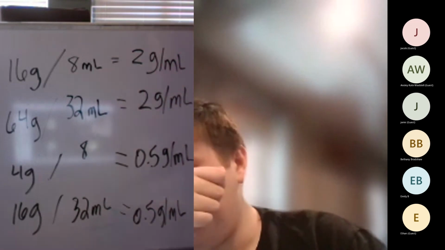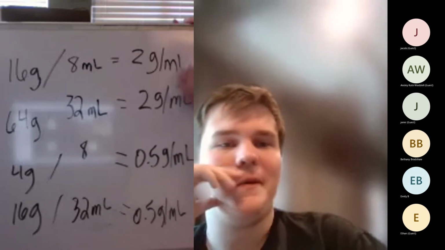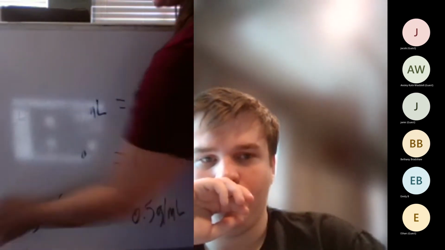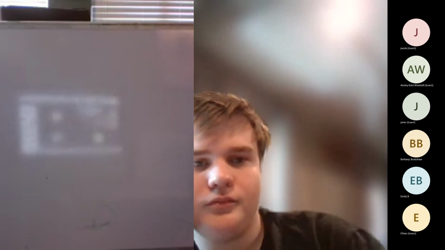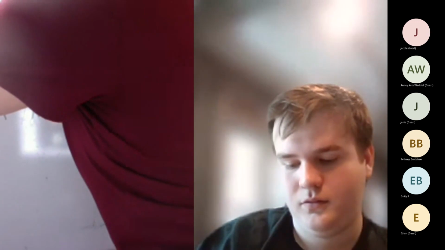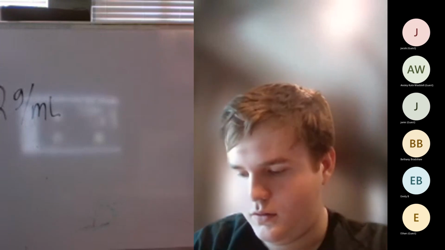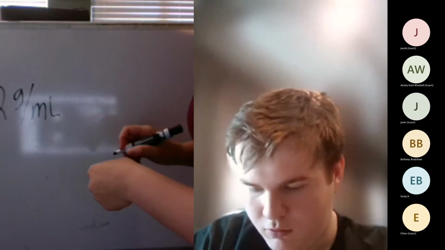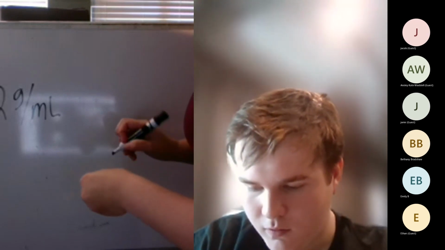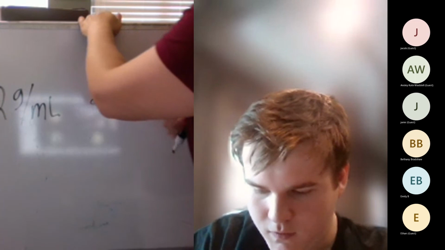Great. Okay. Now, the only other way that we could ask you about density, mass, or volume is if I gave you a density, let's say something was 2 grams per milliliter. And I told you that you had 24 milliliters.